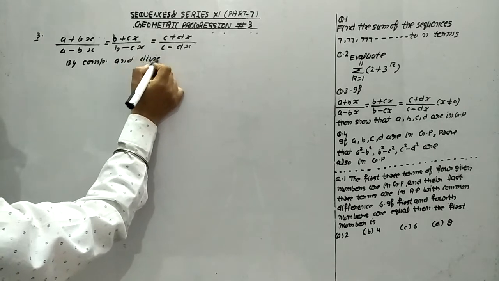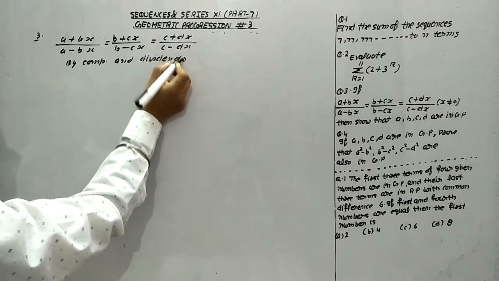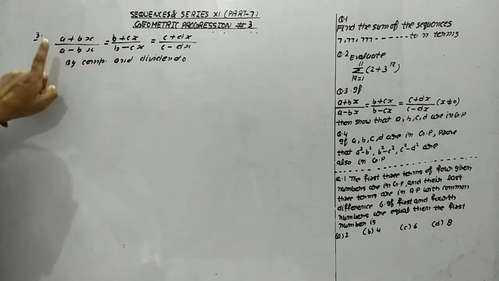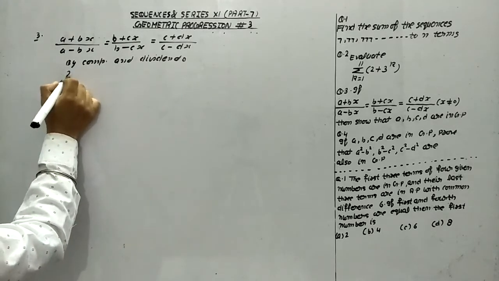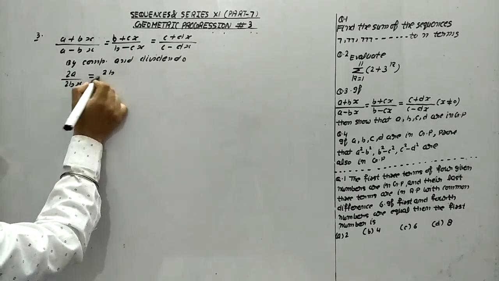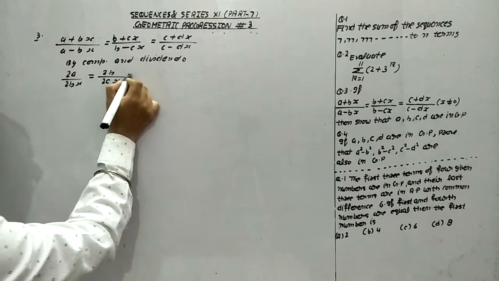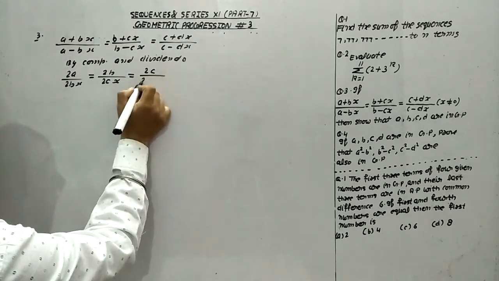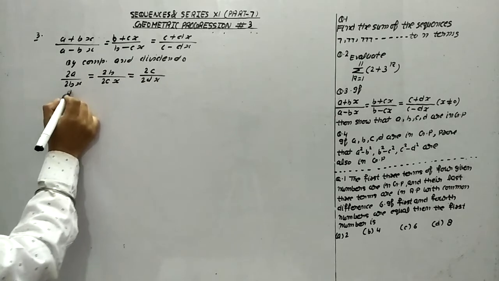I am not going to expand this rule directly. I am doing a plus bx plus a minus bx. This becomes 2a, this becomes 2bx, this becomes 2b, this is 2cx, this is 2c, this is 2dx. Now the common terms cancel out.